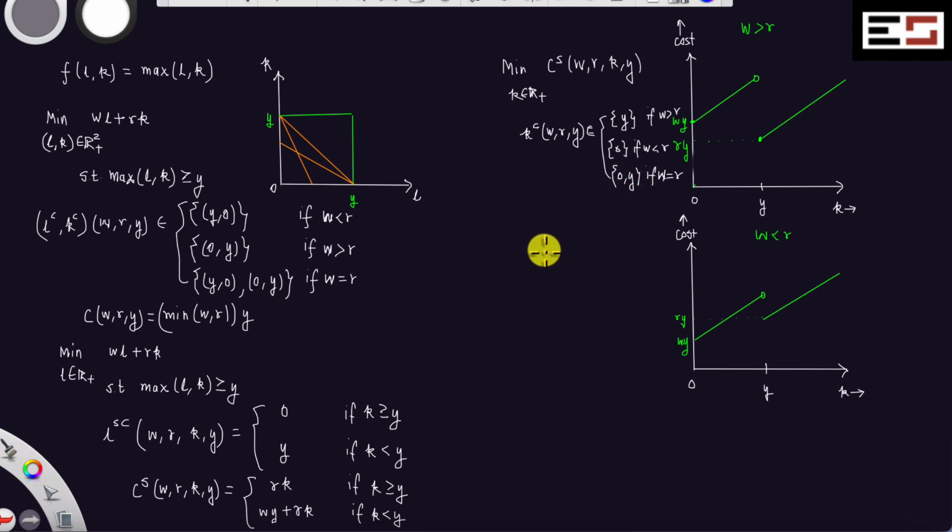Okay, and now let's just substitute it into the short-run conditional labor demand function. Let's see what we are going to obtain. Hopefully we should get the long-run conditional labor demand function.